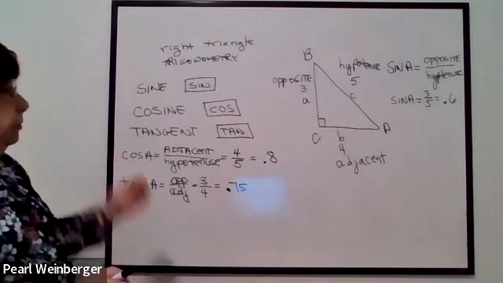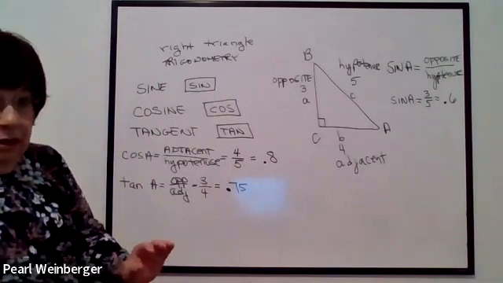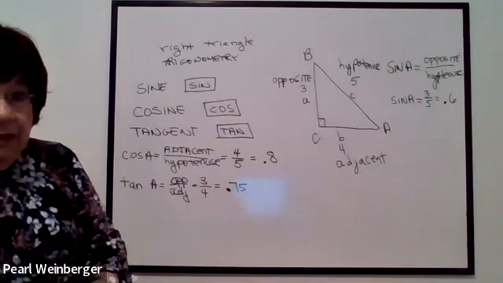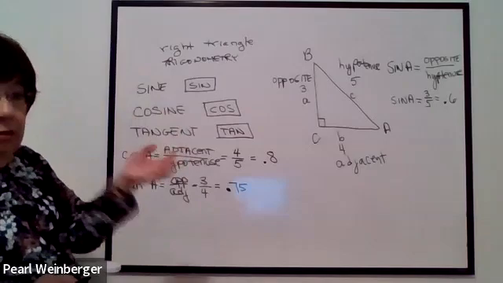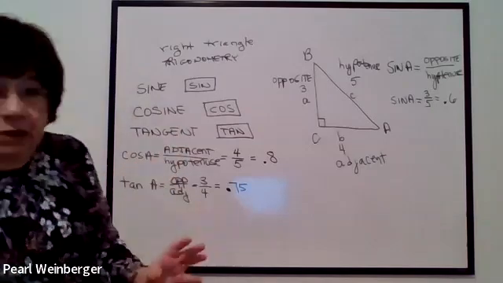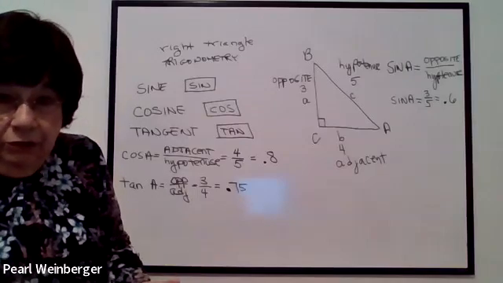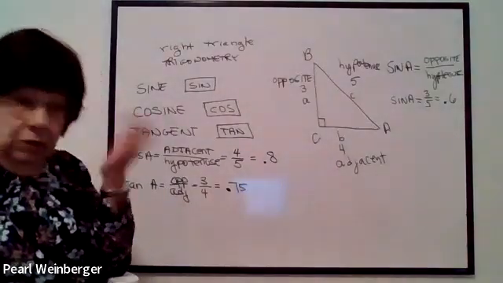Now, let me see if I can give you a problem to do, and then I'll explain some more. First of all, let me give you a little hint. What's going to be the hardest part of this whole thing? It's remembering what is the sine, what is the cosine, what is the tangent.